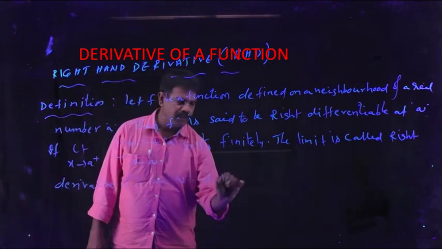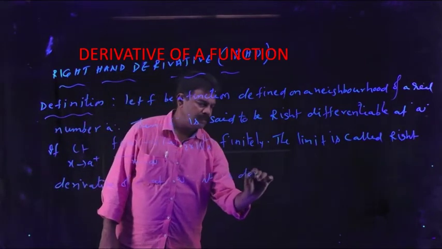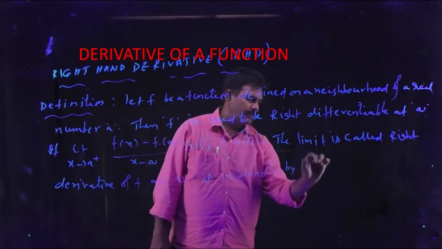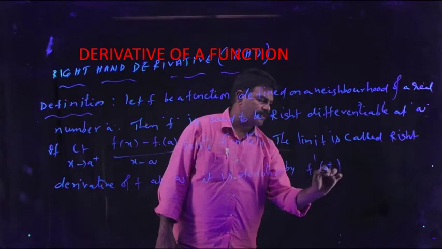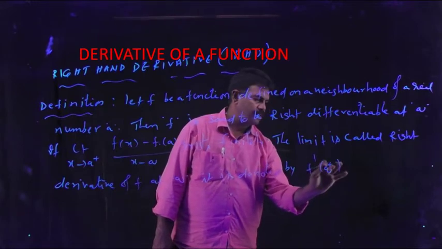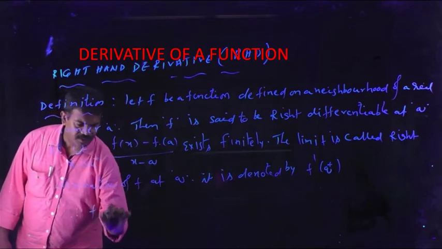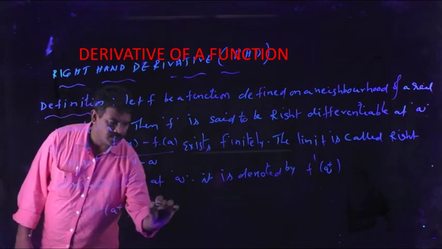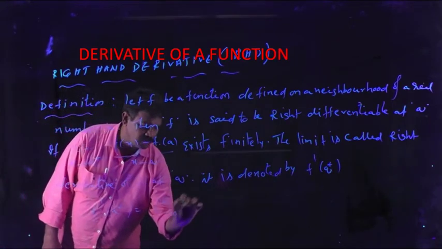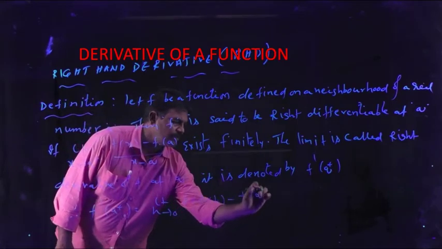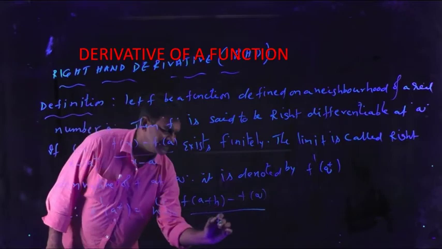It is denoted by f dash of a plus. Therefore, f dash of a plus is equal to limit h tends to 0 of (f(a plus h) minus f(a)) by h.